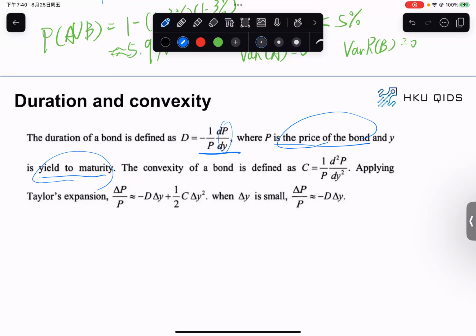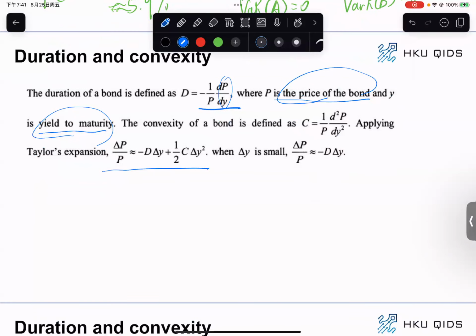You also have the convexity, which is basically the second derivative, and you remove the negative sign before this formula. And by Taylor's expansion, you can have this approximation here. How can we have that? Let me derive it for you. It's quite easy.